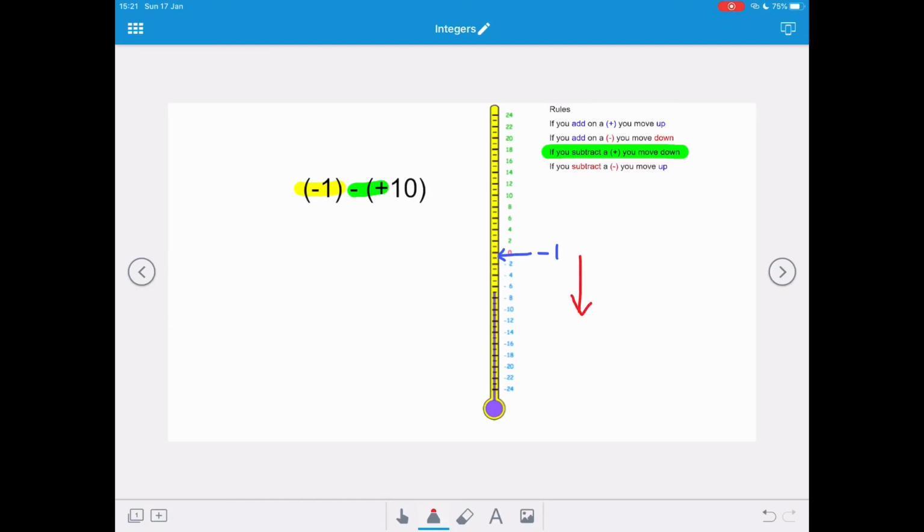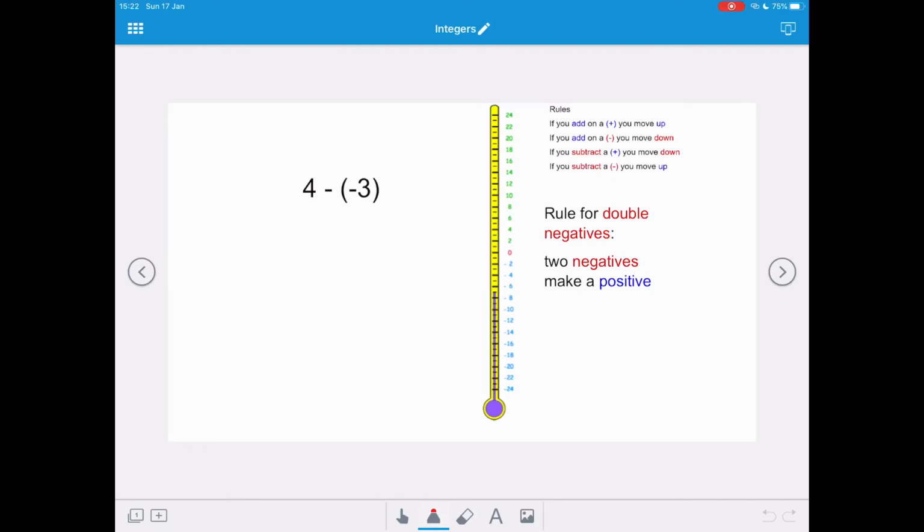So we're going down from -1, and we're moving down 10 positions. We can rewrite this with a single operation of -1 take away 10. We're already underneath 0, so we're just going to move 10 jumps from -1, and that gives us -11. And so our answer is -11.